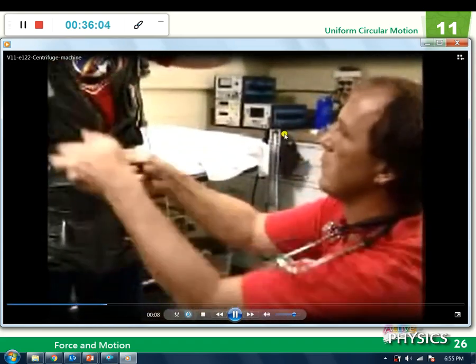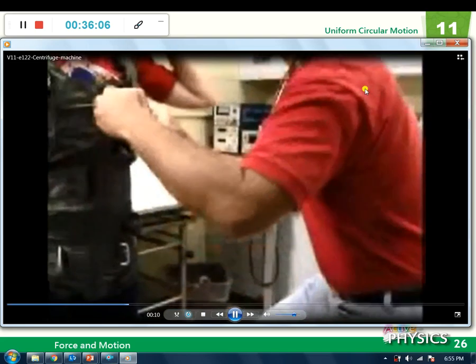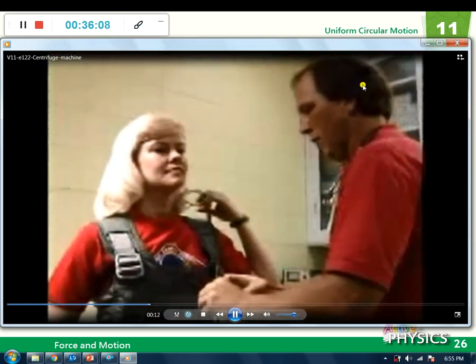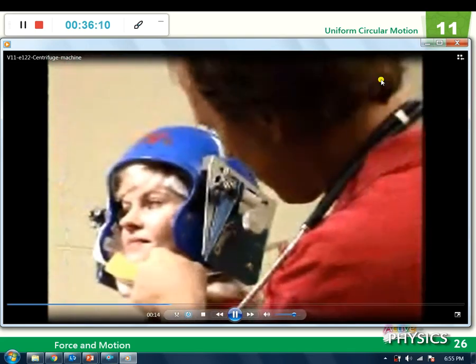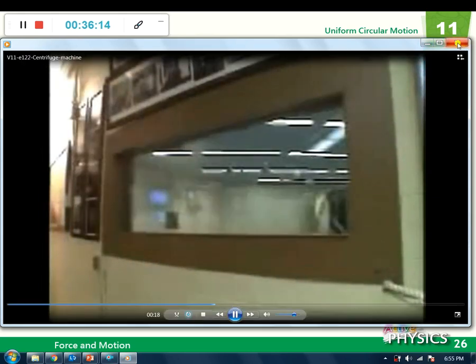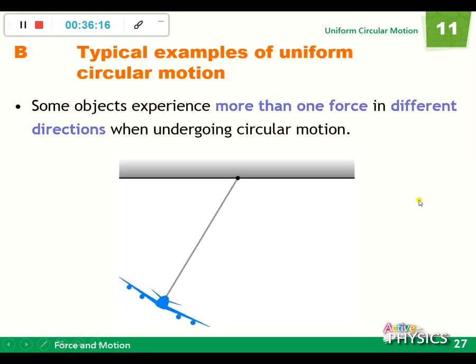This one is the training, and also to get readings from the people, to measure their acceleration. That's all for this part.